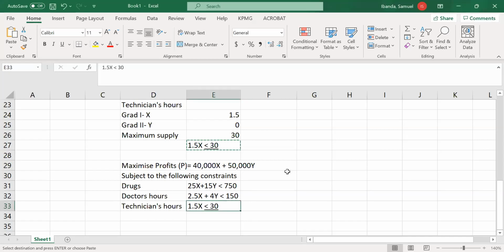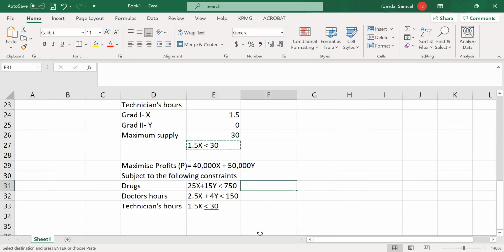So what I was trying to explain is that since these are equations, we can modify them to simplistic terms, okay? For example, with this equation, we can simplify it since most of these numbers are multiples of 5. 25 is a multiple of 5, 15 is a multiple of 5, 750 is a multiple of 5.